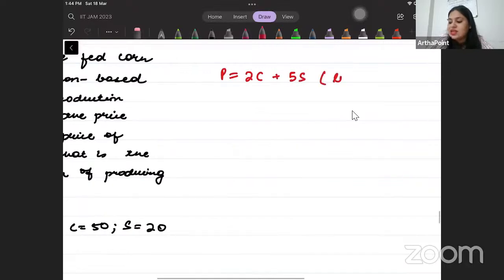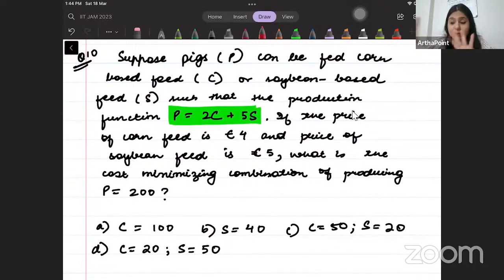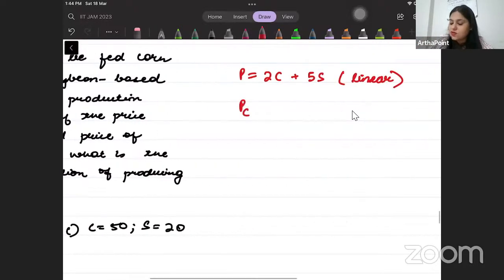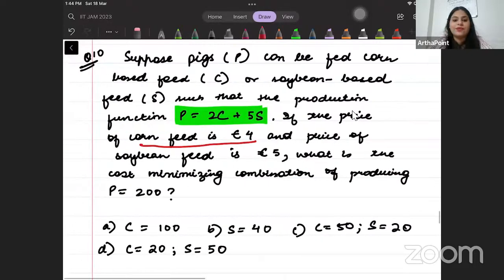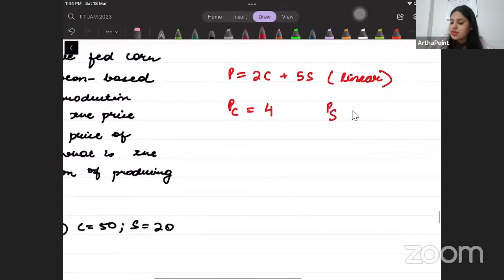Note that this is a linear production function. Okay, so we know that a kind of substitute good is coming into the picture. The price of corn feed is 4, and the price of soybean feed is 5. So PS is 5. We can find the MRTS.